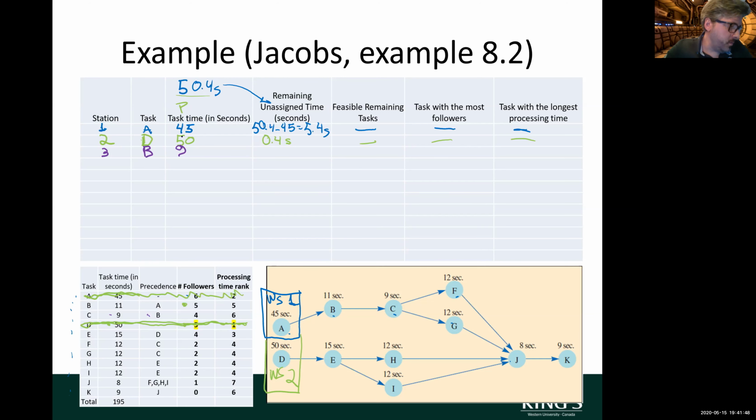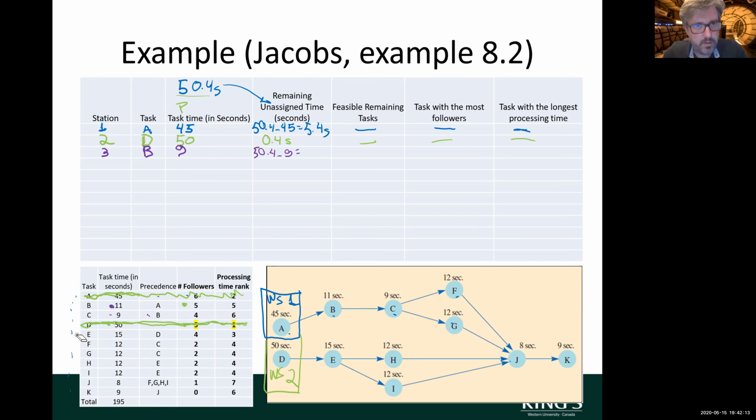So what am I going to do? 50.4 minus 9 seconds. So 50.4 minus 9. So what we get over here is how much? Oh, no, sorry. I apologize. No, it's not 9 seconds. It's 11. Sorry about this.